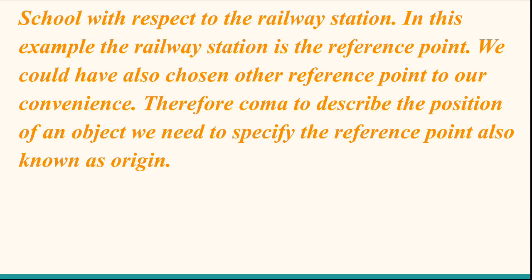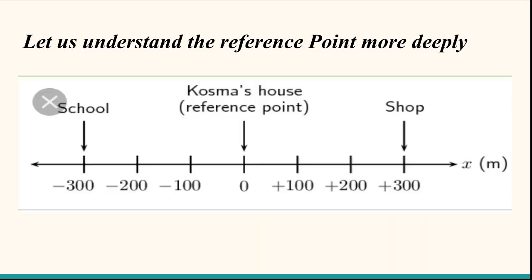We could also choose another reference point for our convenience, some other place near the object, by which we can specify the location of that object. Therefore, to describe the position of an object, we need to specify the reference point also, and that reference point is also known as the origin.